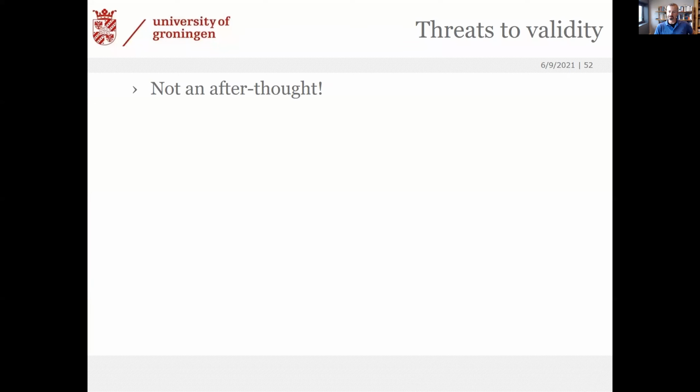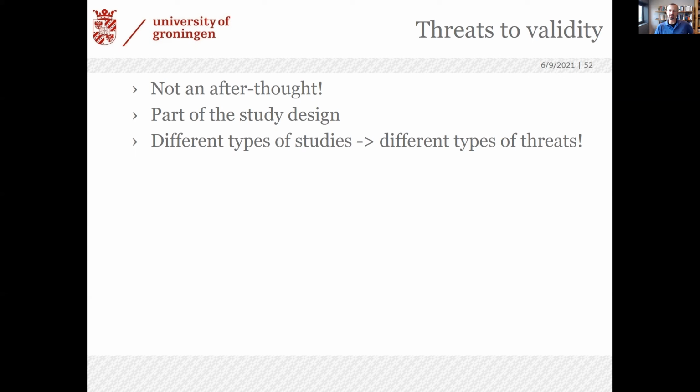So threats to validity is not supposed to be an afterthought. I'm presenting this at the end of my lecture, but probably I should have put this right in the beginning, because this is the most important part of the study, to make sure that you've covered all the threats to the validity of the study. It's part of the study design, as I mentioned, and this is also a common misunderstanding.